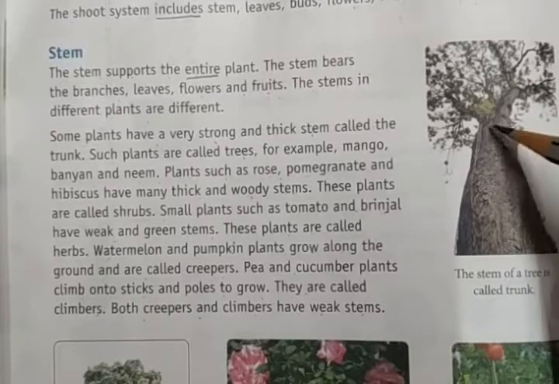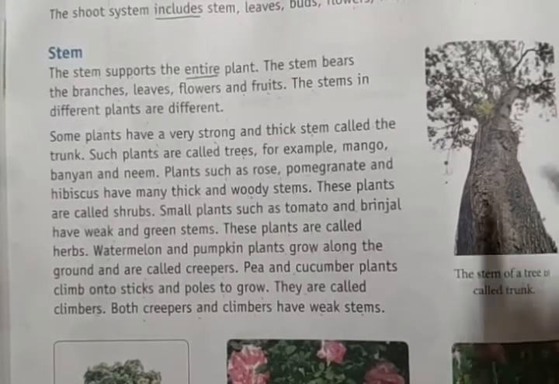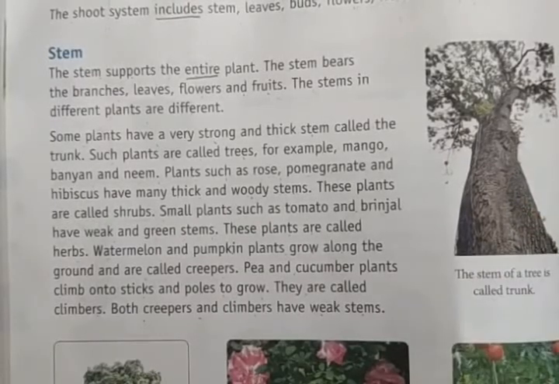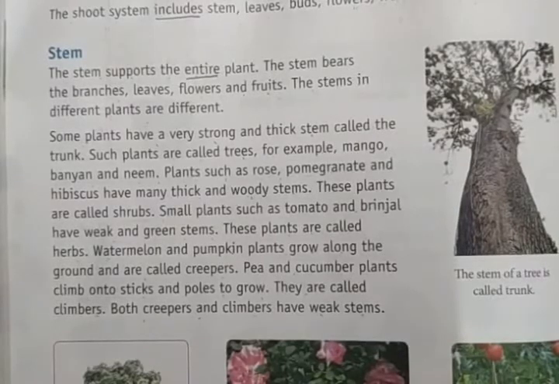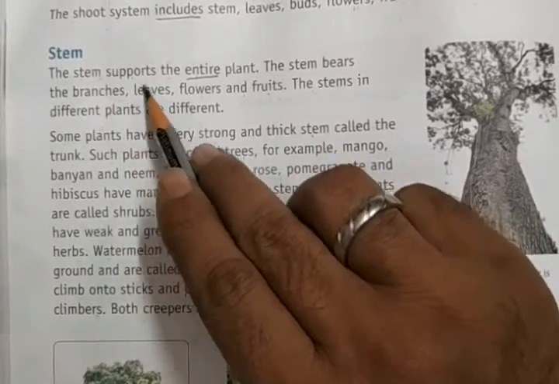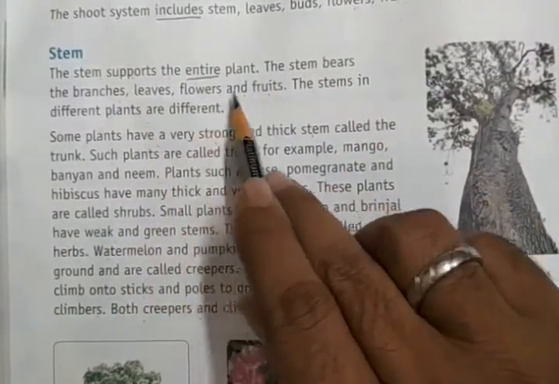These are the different types of stems. Thick stem, thin stem, green stem, weak stem, strong stem, depending on the plant.